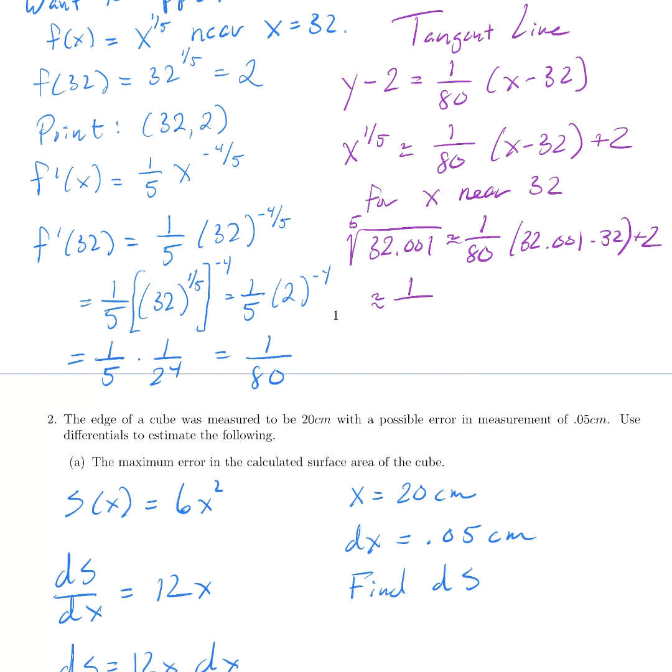So that is approximately 1/80th times 1/1000th plus 2. So this is approximately 2 and 1 over 80,000.